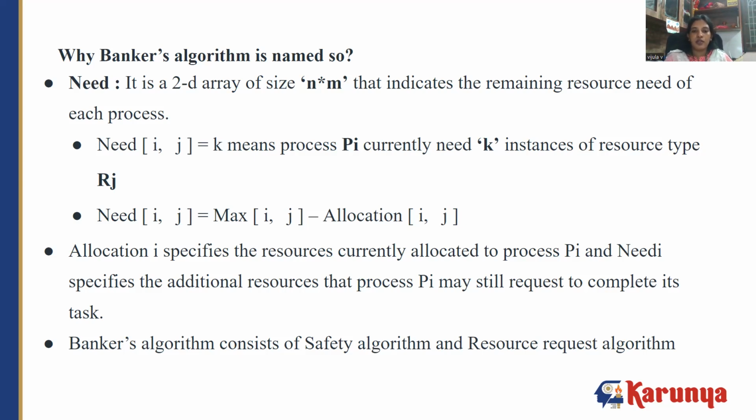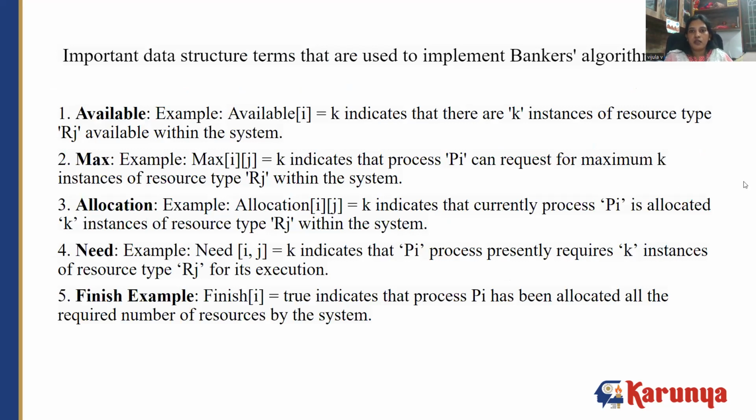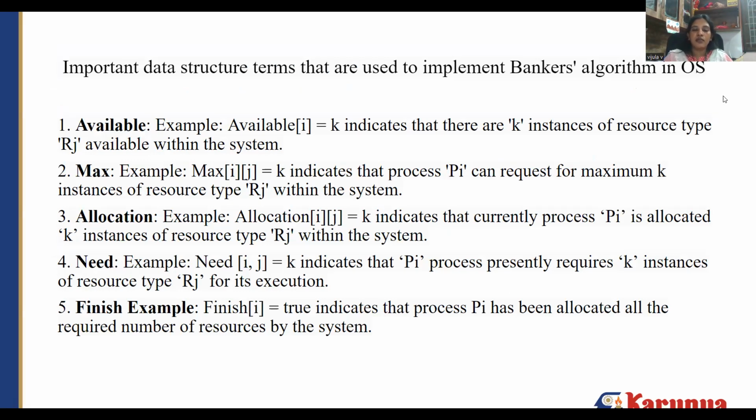So now we look at it. Here we'll see the important data structure terms which will be used in implementing banker's algorithm in operating system. Like you saw, available, max, allocation, need, and finish. Here, for available, K instances of resource type Rj are available within the system. For max, K will indicate the process Pi may request a maximum of K instances of resource type Rj within the system.